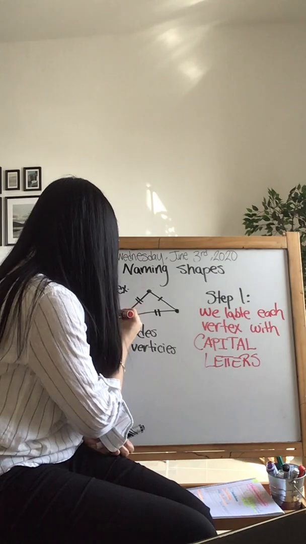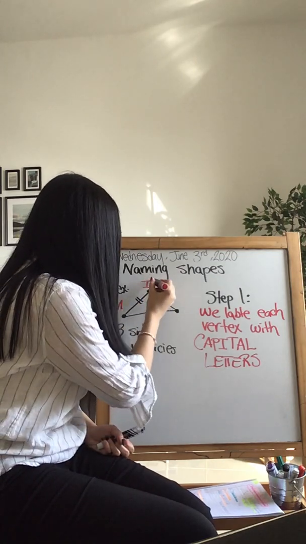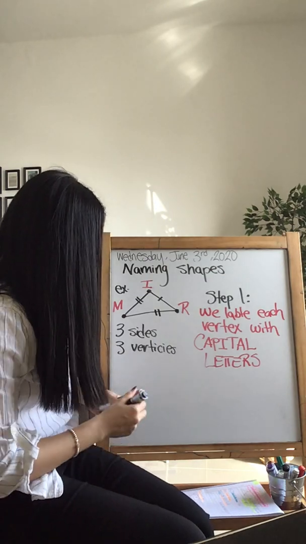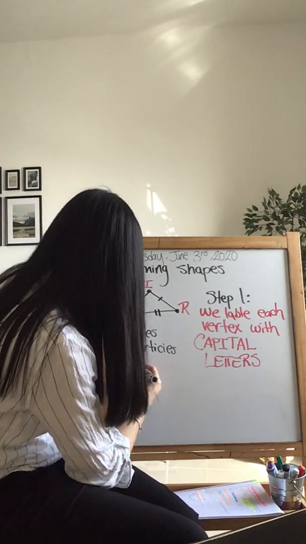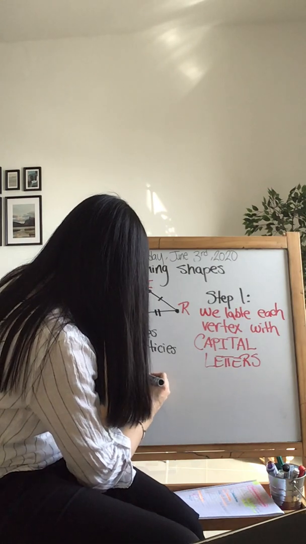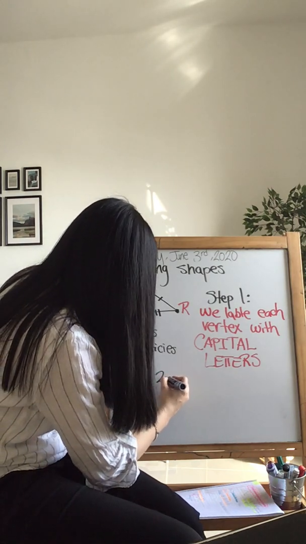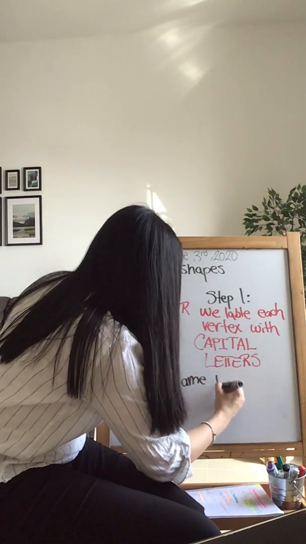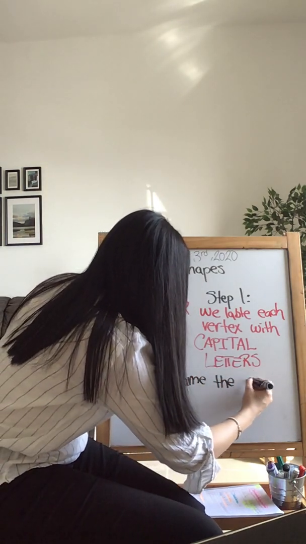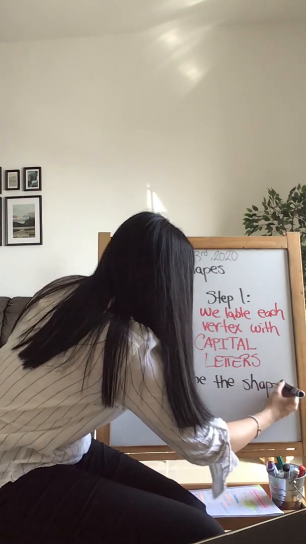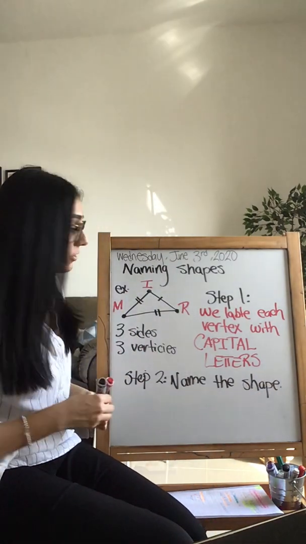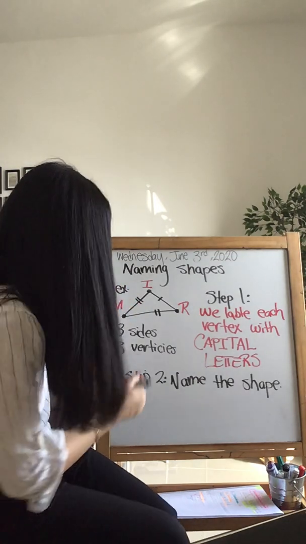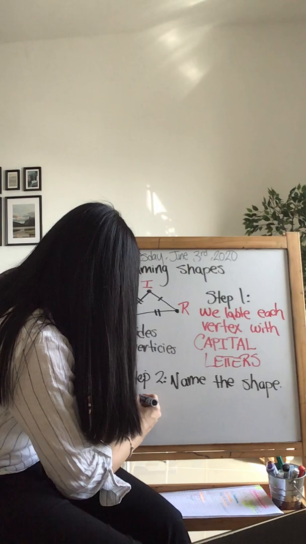Like I said, M-I-R. Just 3 letters. Okay. Then we can say step 2 is to name the shape. Now, first of all, we already know it's a triangle because there's 3 sides, it has 3 vertices. But if I'm naming this, we would say this triangle, let me get red.